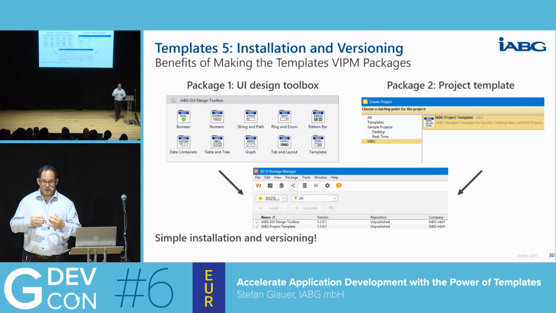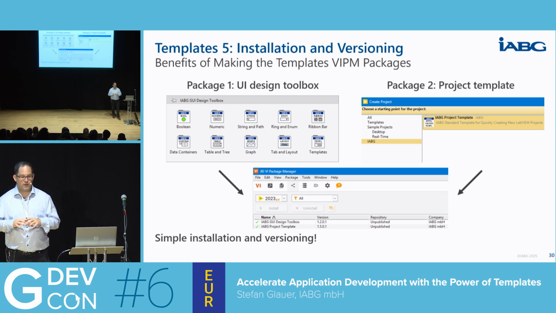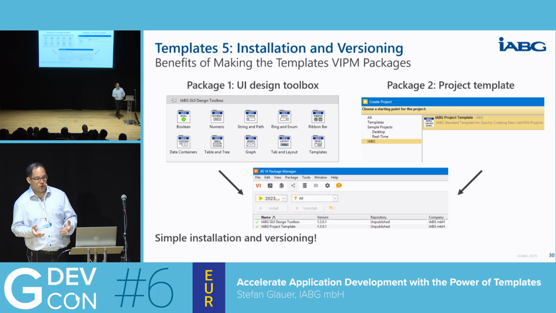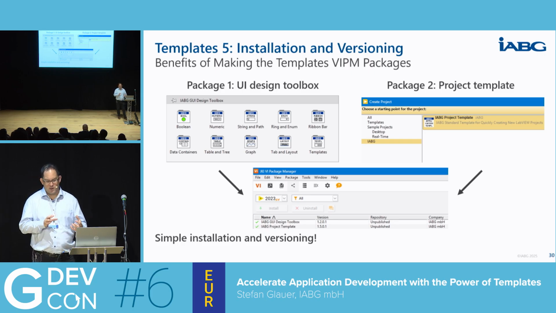But one thing is, actually, if we want to update old projects, we have to replace it manually. We wanted this because we want to support different versions of the project template. And for us, it's just exchanging one folder and maybe changing some small things if we want to update an old project to a new version. But maybe in future, we will put things in the vi.lib, but we're still considering what we want to do there.